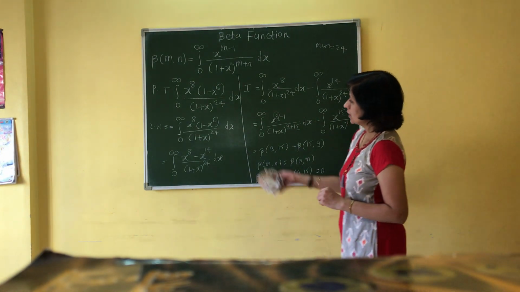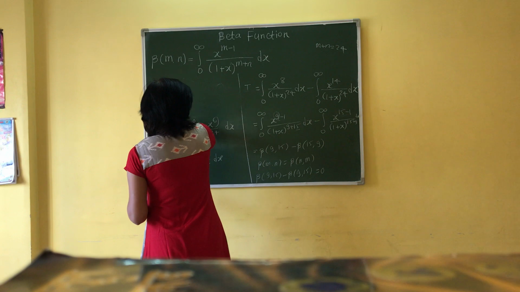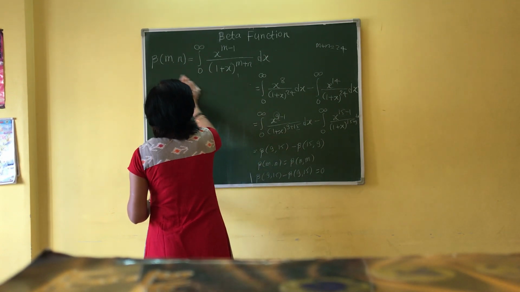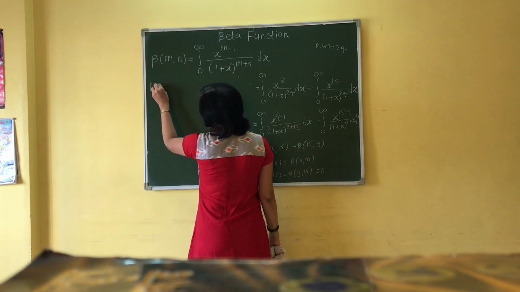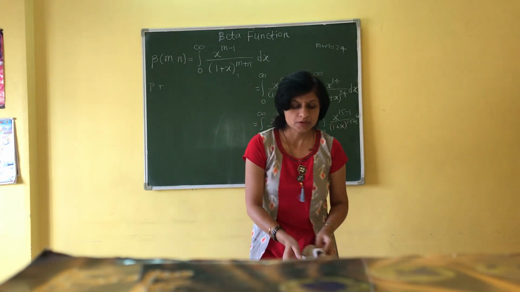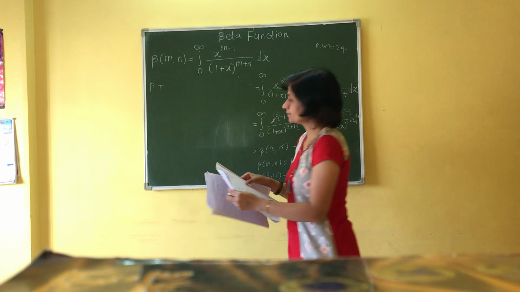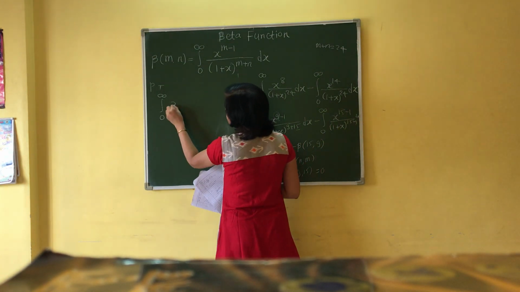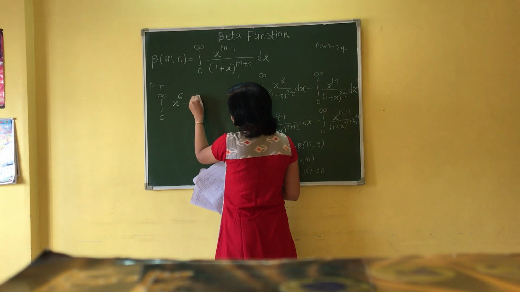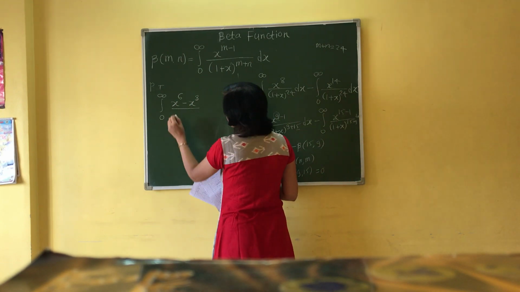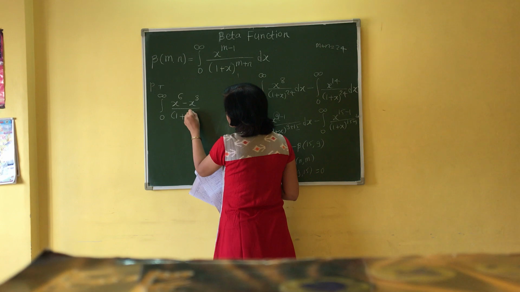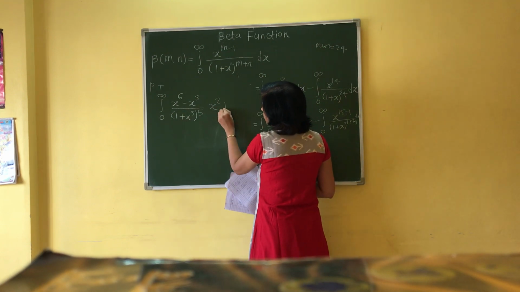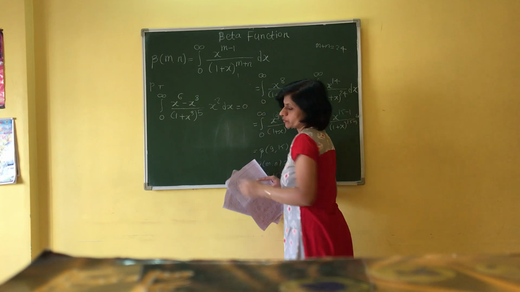Okay. And second example is: prove that integration from 0 to infinity x raised to 6 minus x cube upon 1 plus x cube bracket raised to 5 into x square dx is equal to 0.